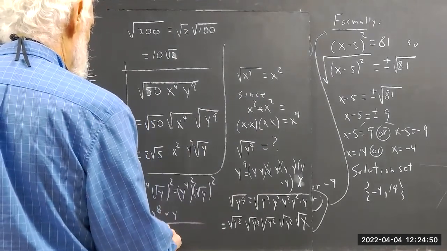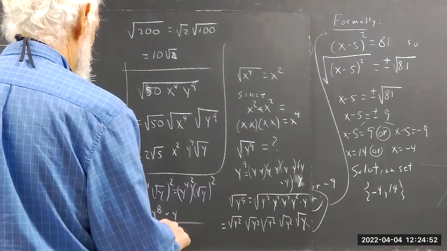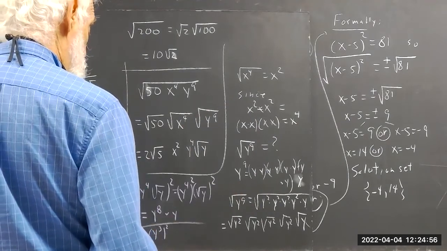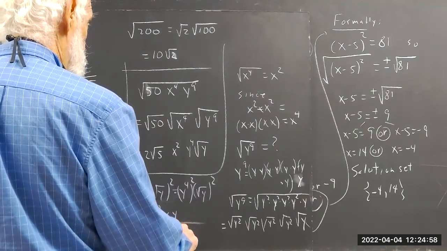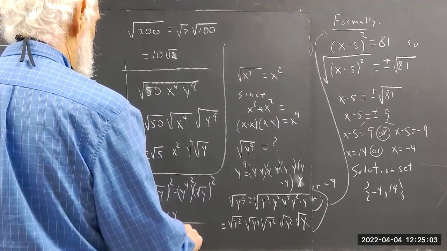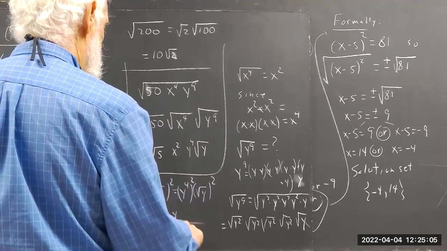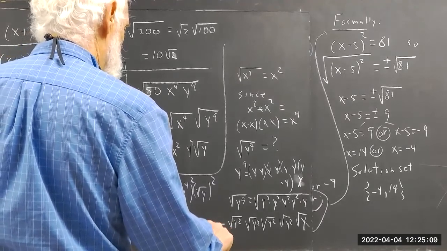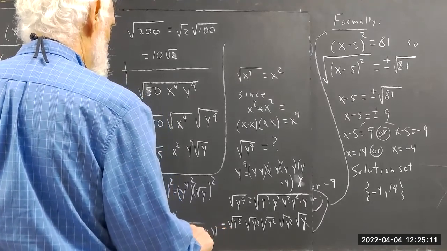Now, if you think y cubed squared, that's just 3 y's, which is y to the 6th.